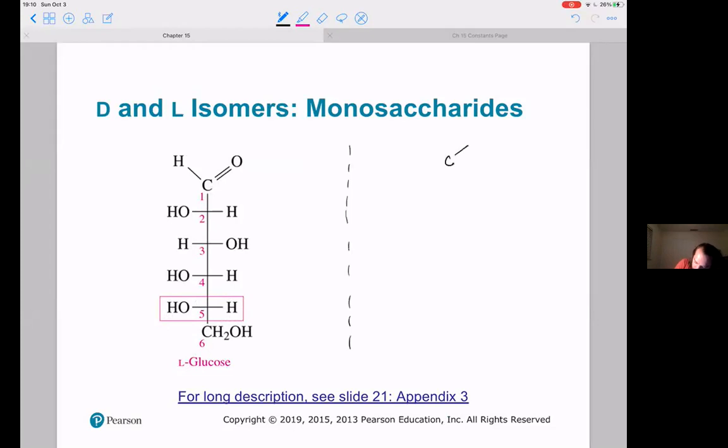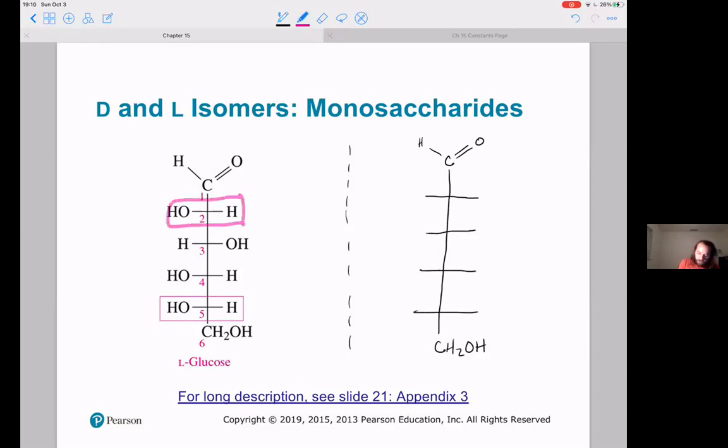Right, so I would start by putting in my carbons that don't have any sort of chirality, the ones that I'm not worried about. Make sure I have the correct number of lines. So 1, 2, 3, 4. And then I need to swap each one of the groups on these chiral carbons.